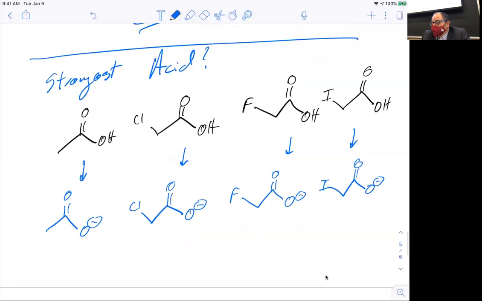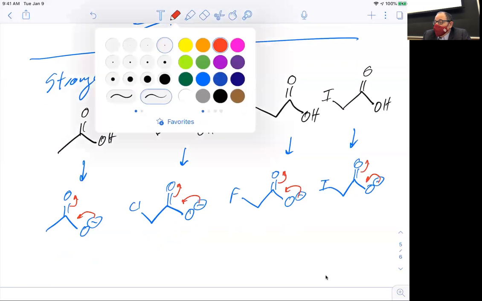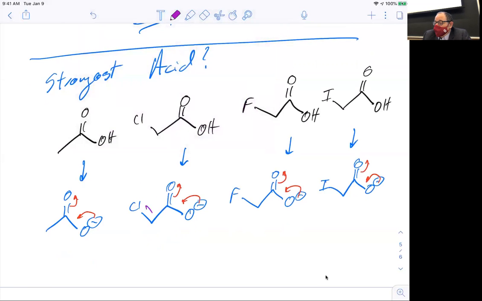If we look at those, all of them have oxygen negatives. All of them have resonance. So what that leaves is just the inductive.